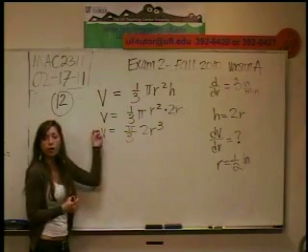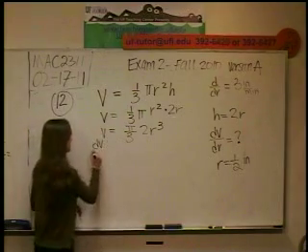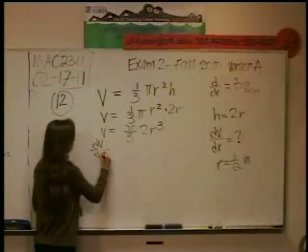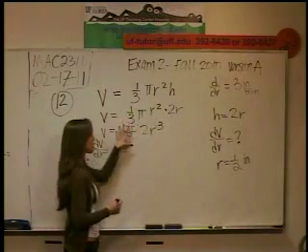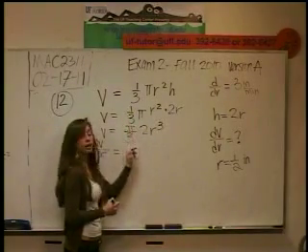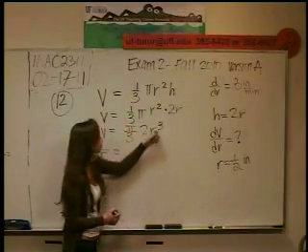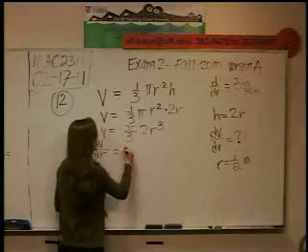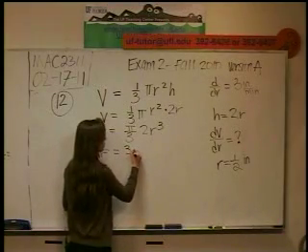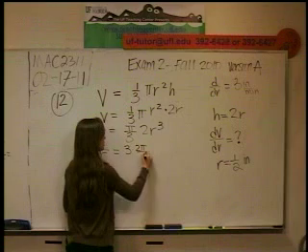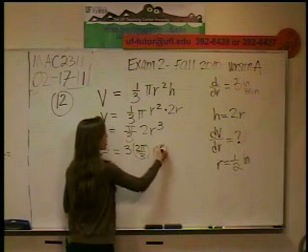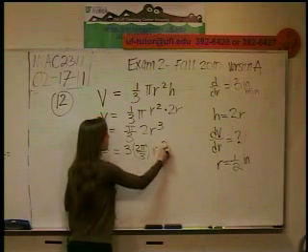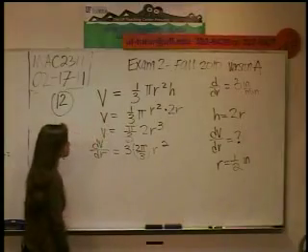So the derivative of V by itself is just 1, but since it's implicit, this is dV/dt. And remember, these are all constants. This 2 pi over 3 is just a constant. So we want to use our power rule, and we're going to have to bring down our 3. So that's 3 times 2 pi thirds, r, and then I want to decrease my exponent by 1, so that's r squared.